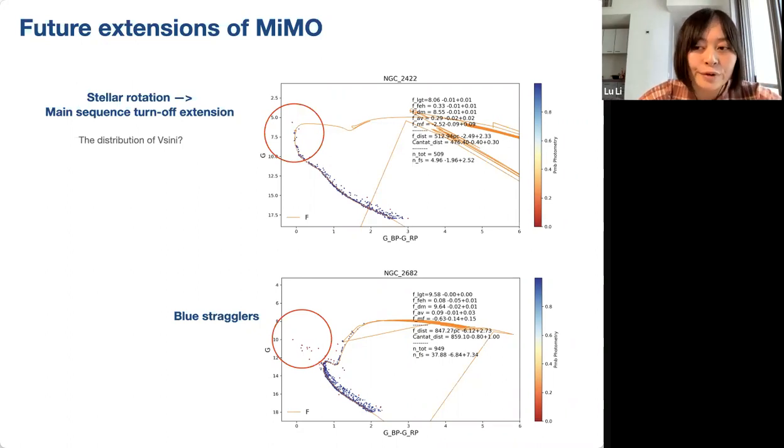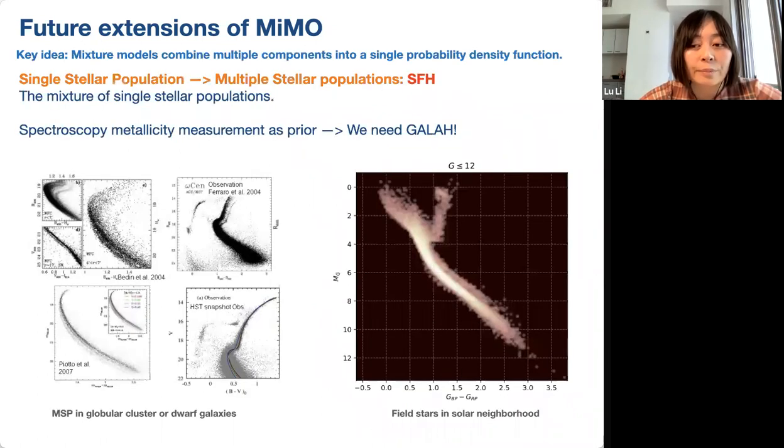Also, finding blue straggler star candidates can be another byproduct, because these stars have low photometric membership but higher astrometric membership.